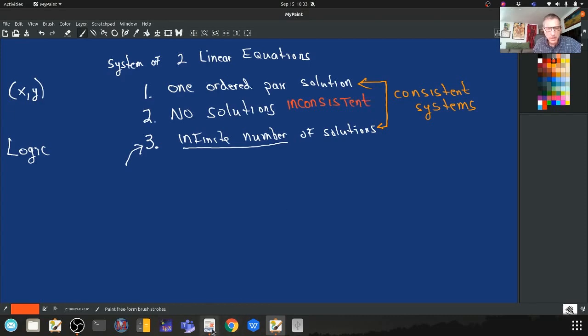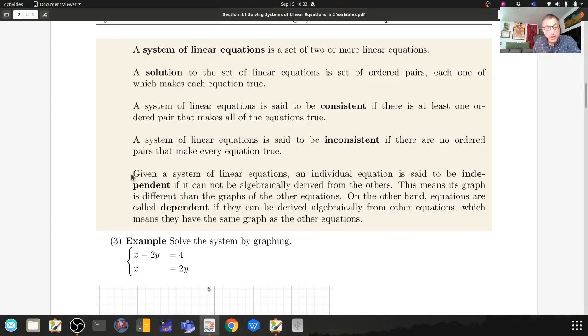Okay, so back to what we were doing. Consistent and inconsistent is another classification scheme for a system of linear equations. It's like you can classify animals different ways, right? You can classify animals as those that are domesticated and those that are not.